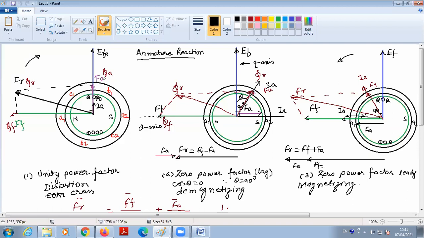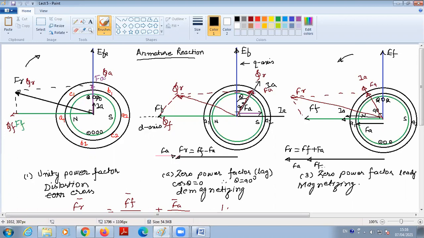So in simple terms, at unity power factor the armature reaction is a cross or distortional effect, cross magnetizing. For zero power factor lagging, the effect is demagnetizing, and for zero power factor leading, it is magnetizing. But our current is never at zero power factor leading or lagging, so it is a small lagging or small leading.